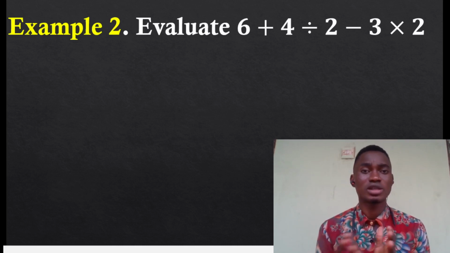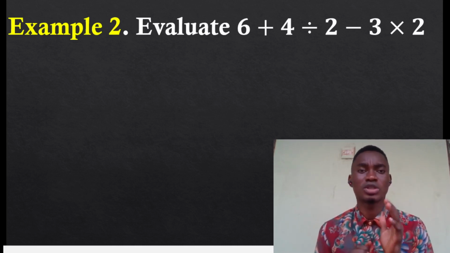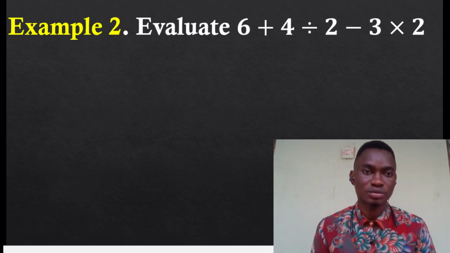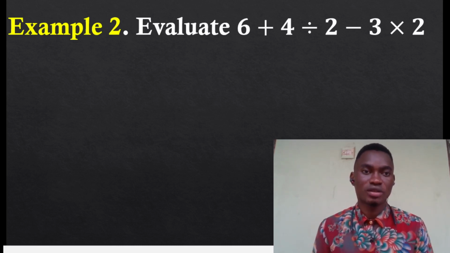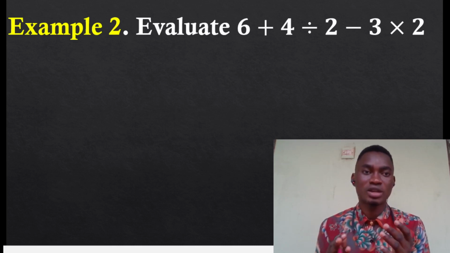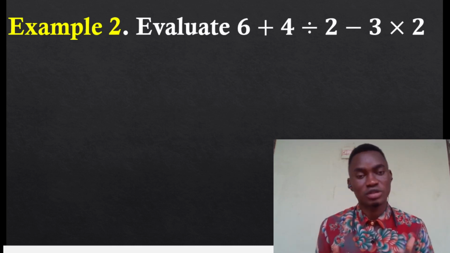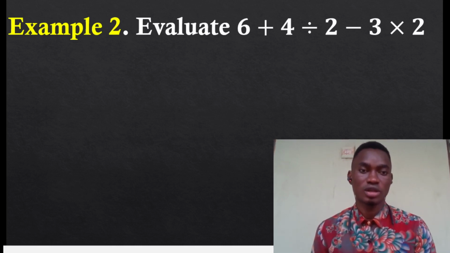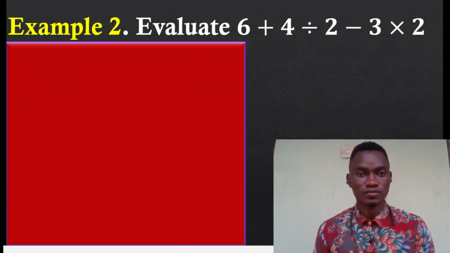Because as I said in my first video on this topic, students easily make mistakes on this topic because it could appear simple in the eyes, but if one is not careful enough, he will make a mistake. So let's look at the solution.